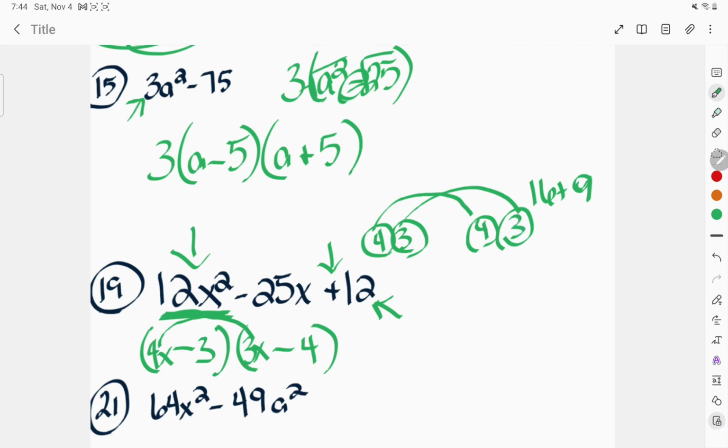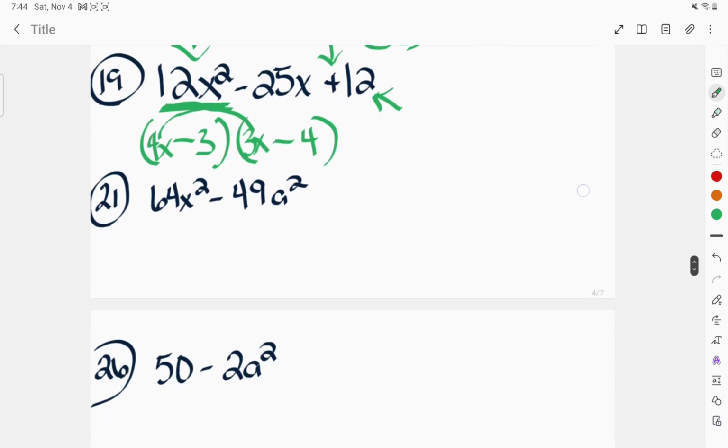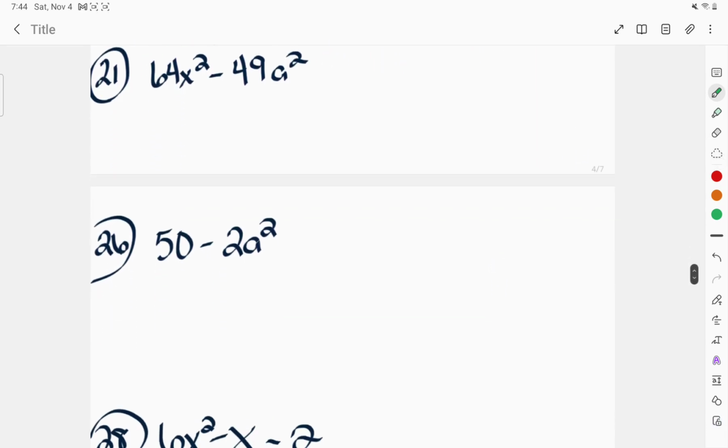So now we're going to move on down to number 21. We'll work this one out. So again, this is a difference of 2 squares. What is the square root of 64?